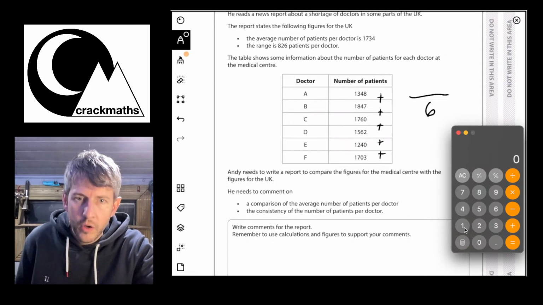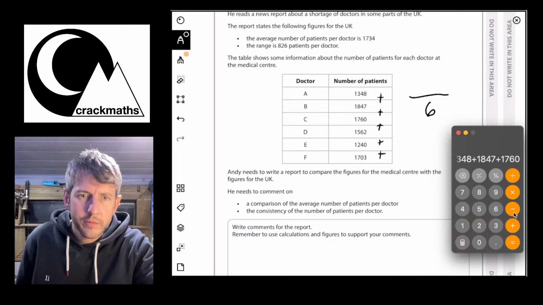So we've got 1348, add 1847, add 1760, add 1562, add 1240, add 1703. This is so slow.